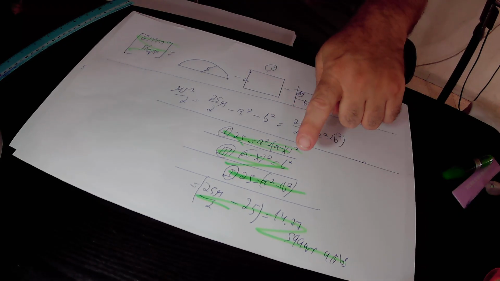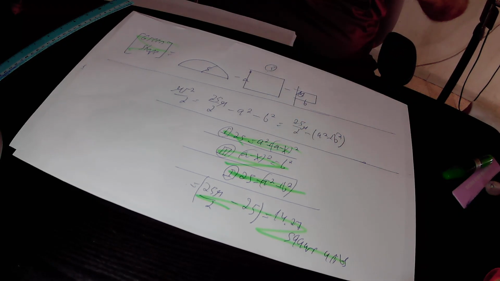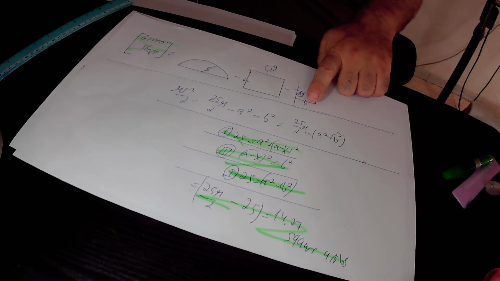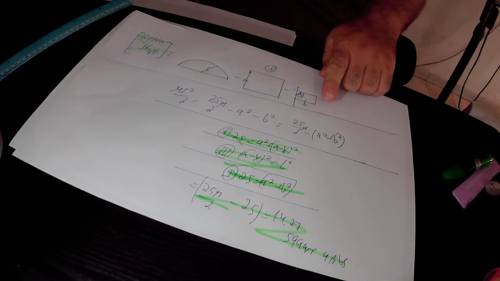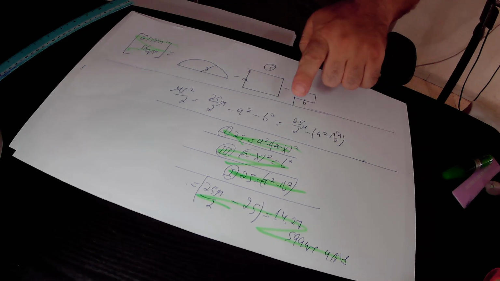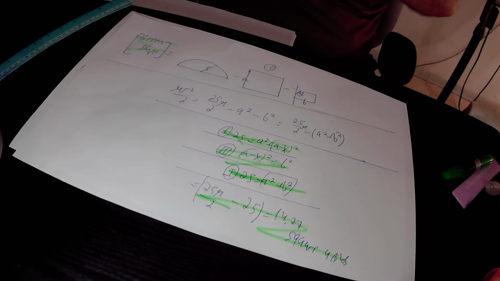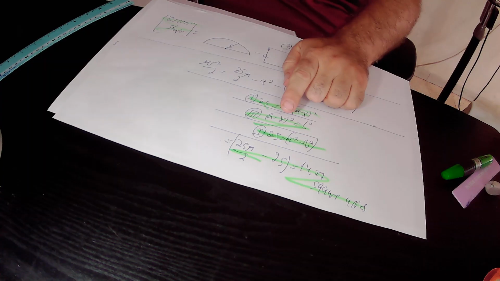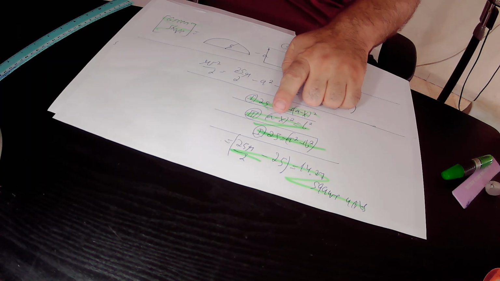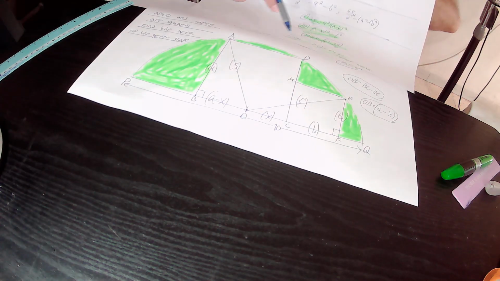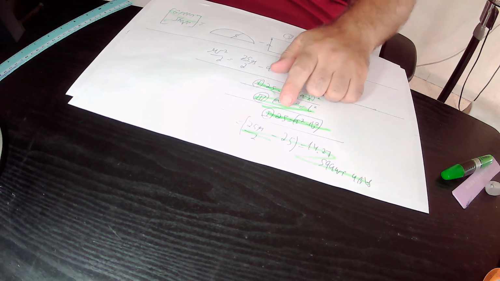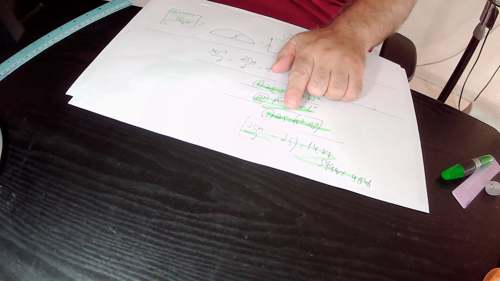We did it, and we found that the area of the green shape equals 25 pi over 2, and minus a squared plus b squared is minus 25. So the area that we are looking for in this question, the area of this green shape, is equal to 25 pi over 2 minus 25 square units in size.